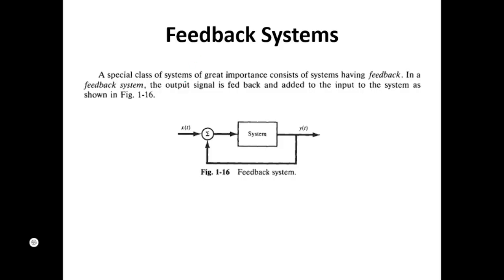Feedback systems are specifically of great importance, and they consist of systems having feedback. In a feedback system, the output signal is fed back and added to the input into the system, to gain a stable output. So the inverting amplifier and non-inverting amplifier are all feedback systems.